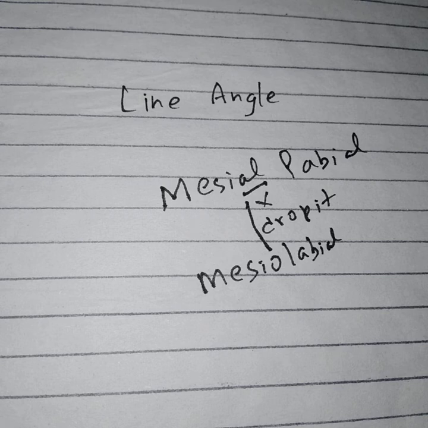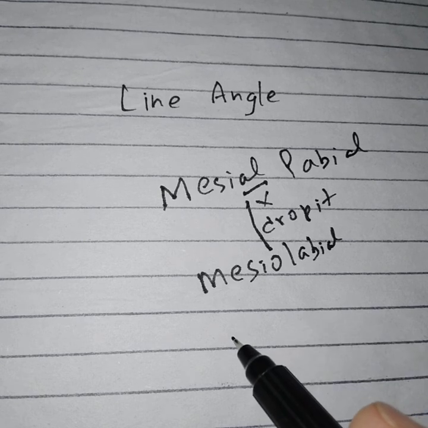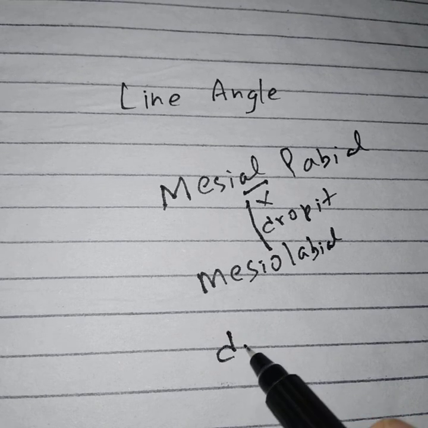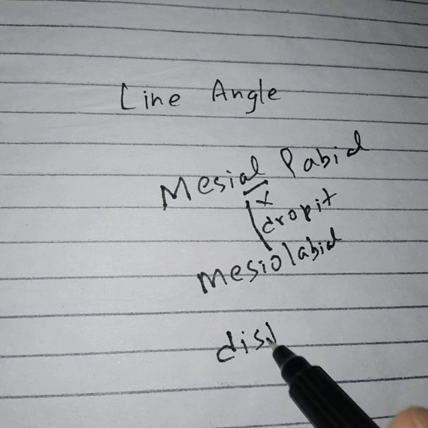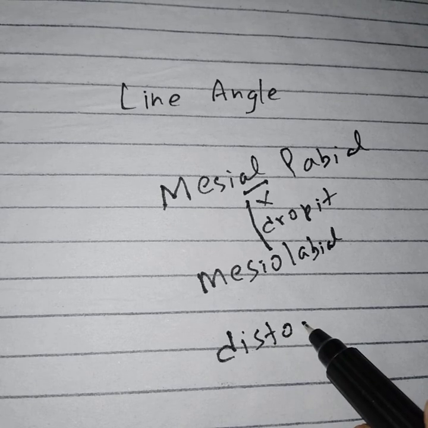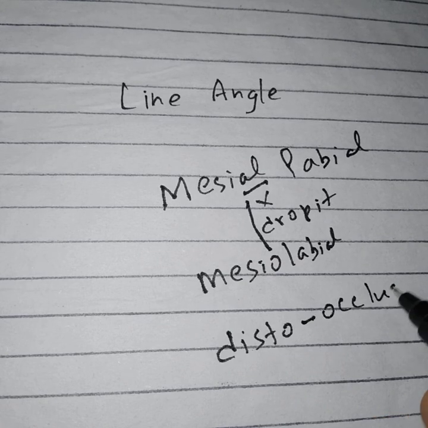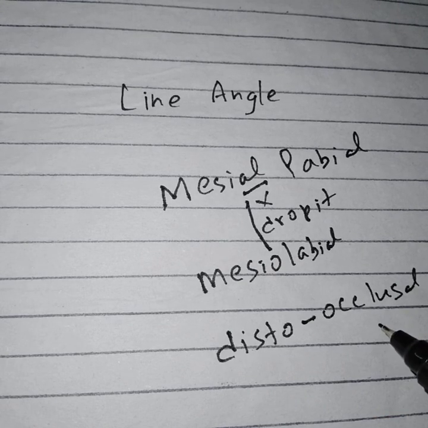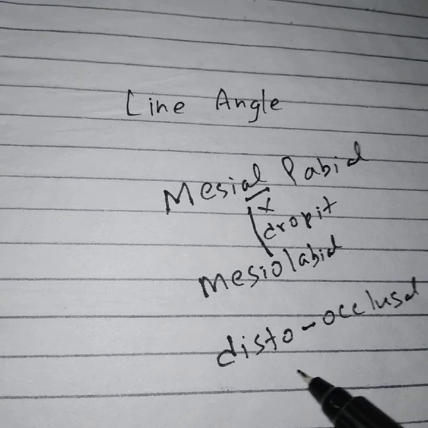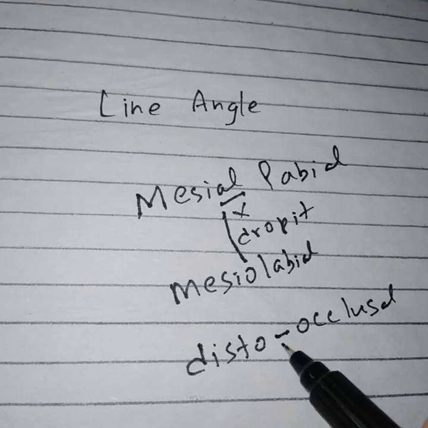For example, in case of posterior teeth, when there is disto-occlusal line angle in posterior teeth, you have to separate them by a hyphen.